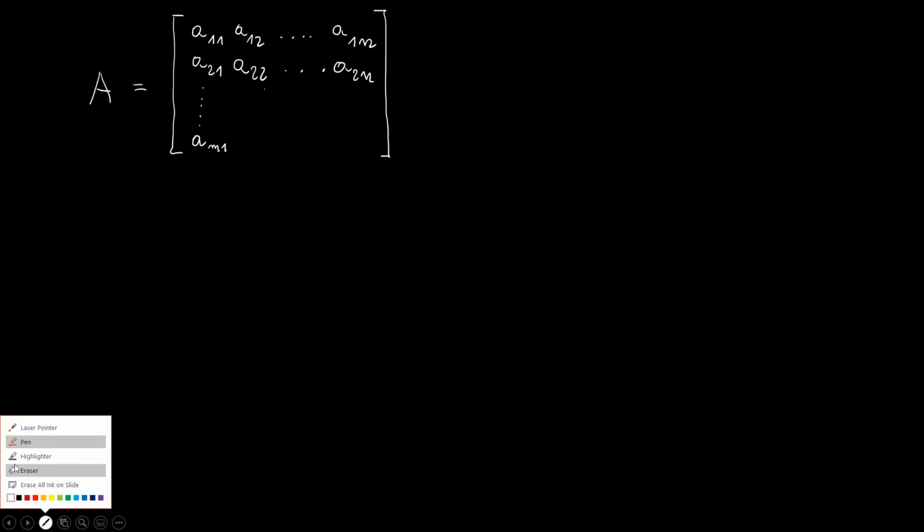Now, we will have some, let's say, row 2, so there will be till A2n. And now we will continue to the row m. I think conventionally, allow me to reverse it.